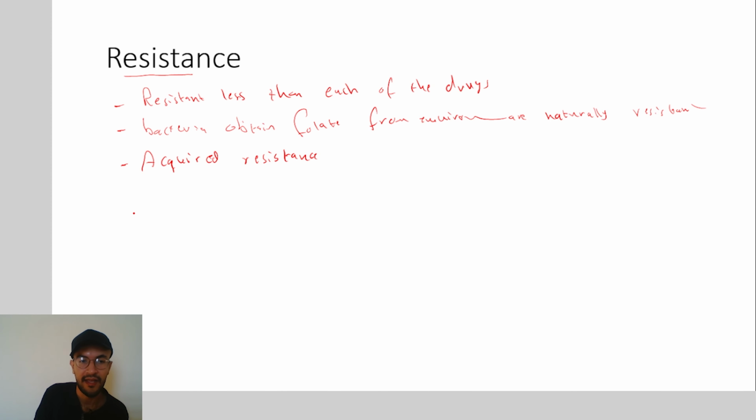And finally, cross resistance is present. So if the bacteria is resistant against the co-trimoxazole, this means it is resistant against the other sulfonamides agents.